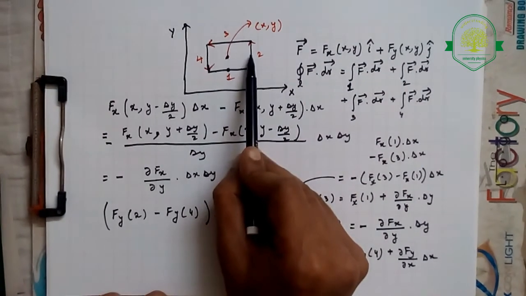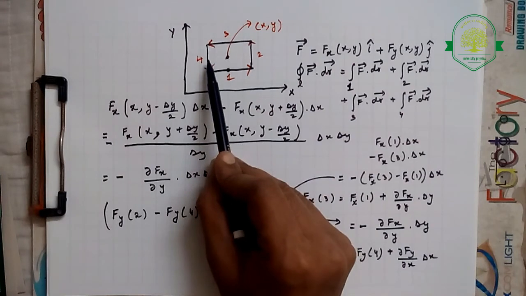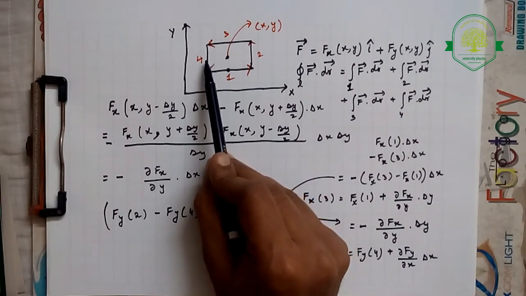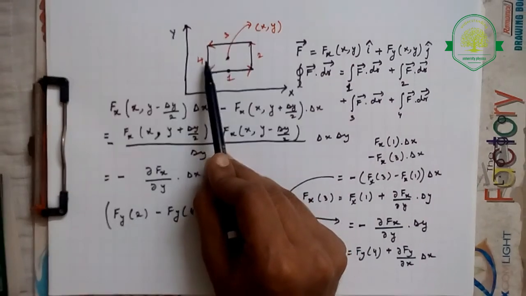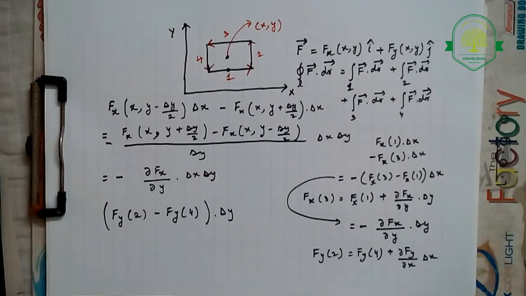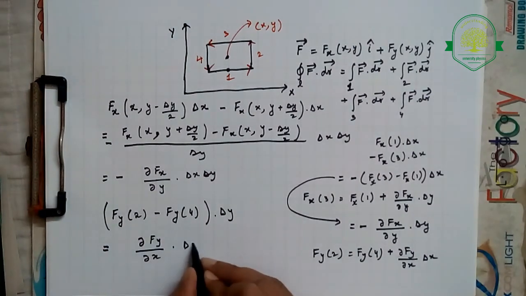So f_y here equals the f_y here to the first approximation, but to the second approximation there is another term, which is the rate at which f_y changes as we move along the x-axis times how much we have moved along the x-axis. So this becomes simply delta f_y over delta x times delta x delta y.